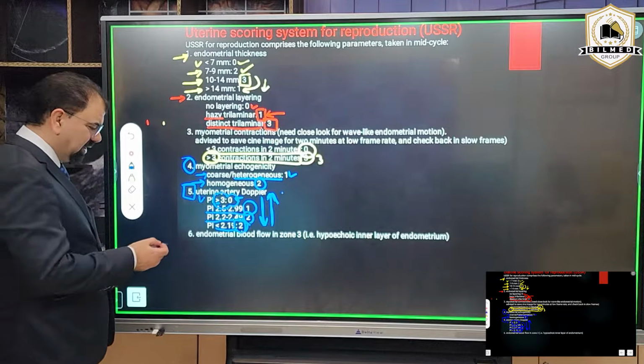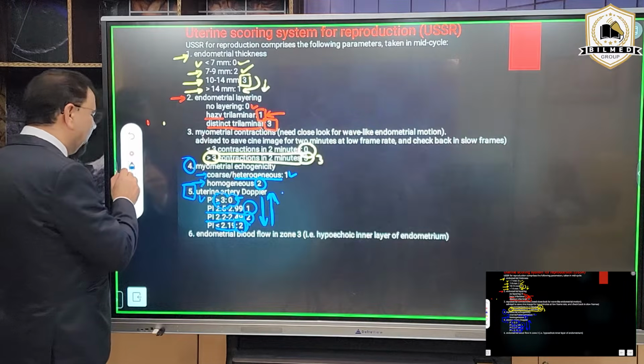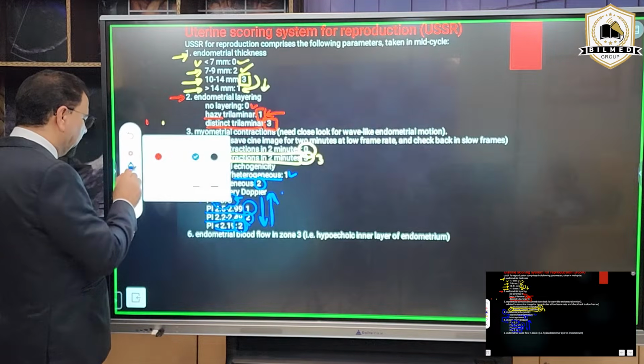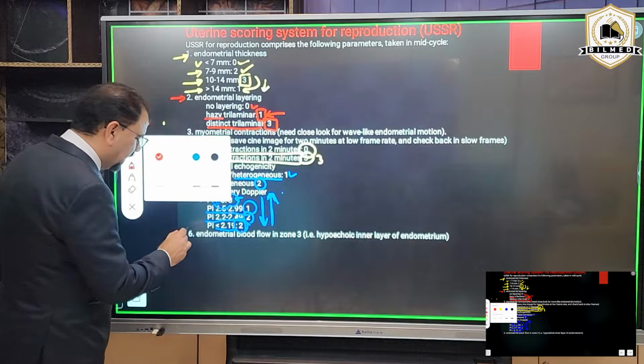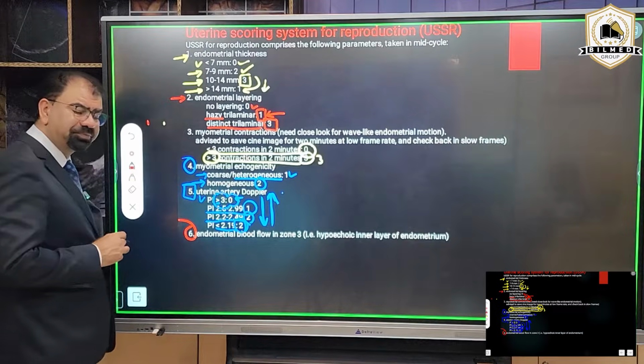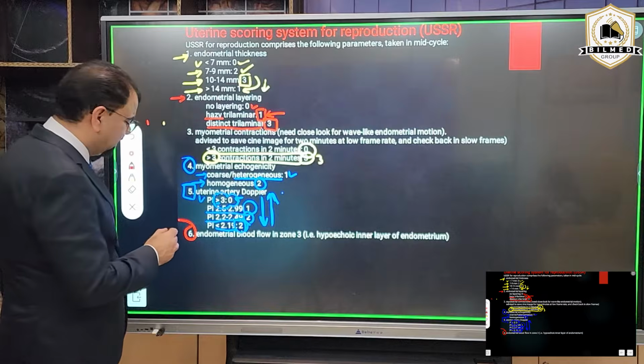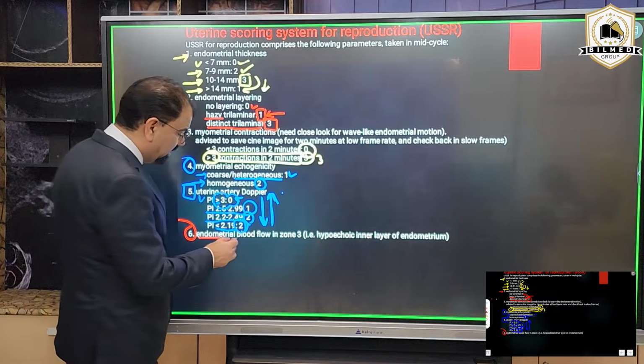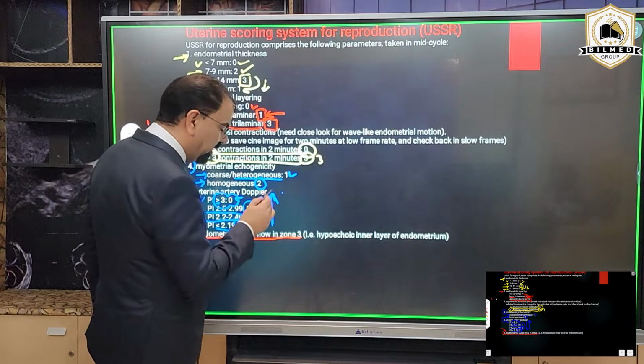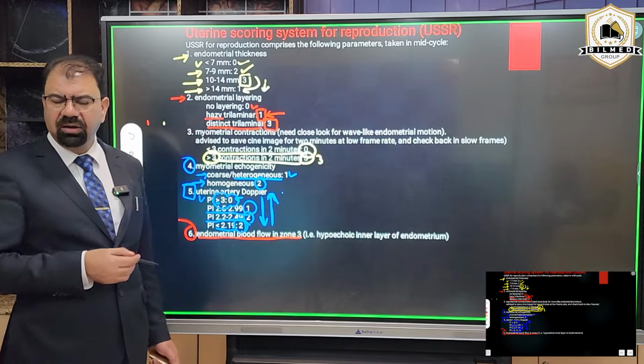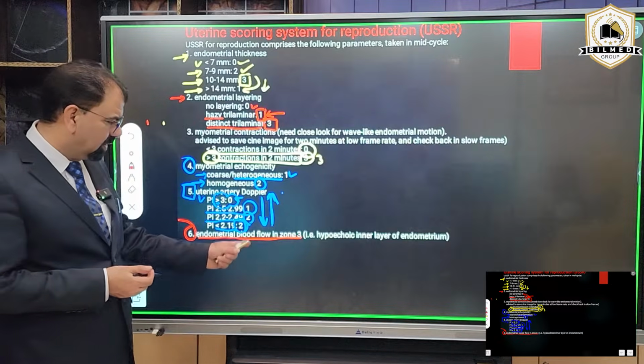Next, very important, everything is important over here, but here we have to see one of the important things, and that is the endometrial blood flow in zone 3. We discussed this 5 minutes before. Recall what zone 3 is.